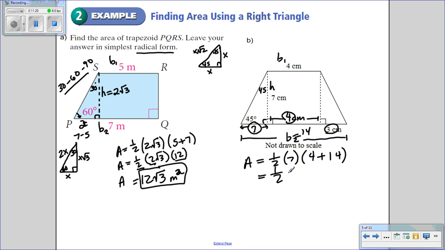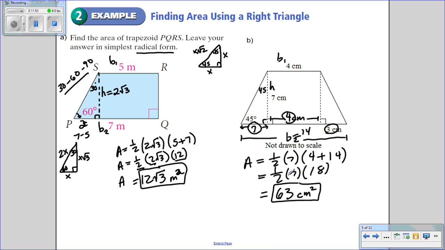We have 1/2, 7 times the quantity 4 plus 14, that'd be 18. Now I can calculate that all the way across. So 1/2 times 7 times 18 would give me 63. So 63 centimeters squared.